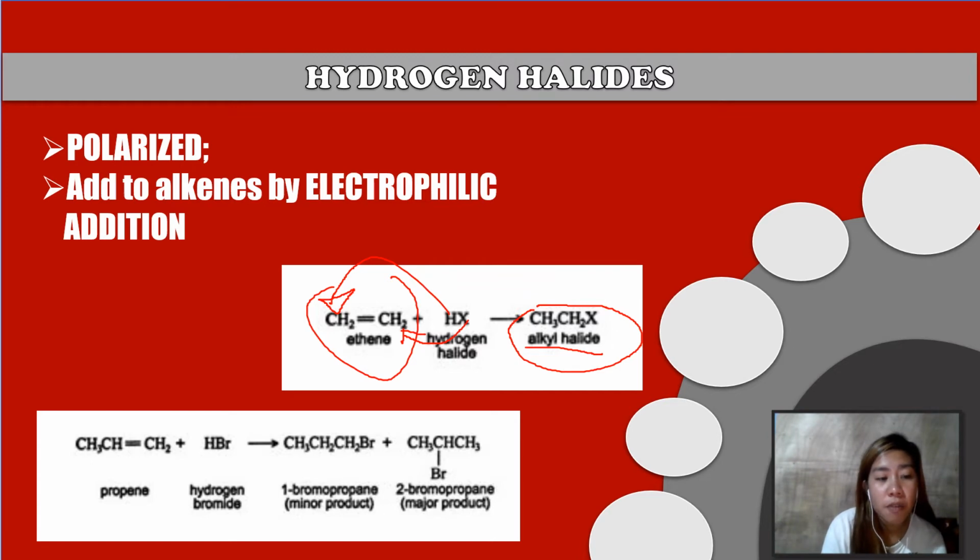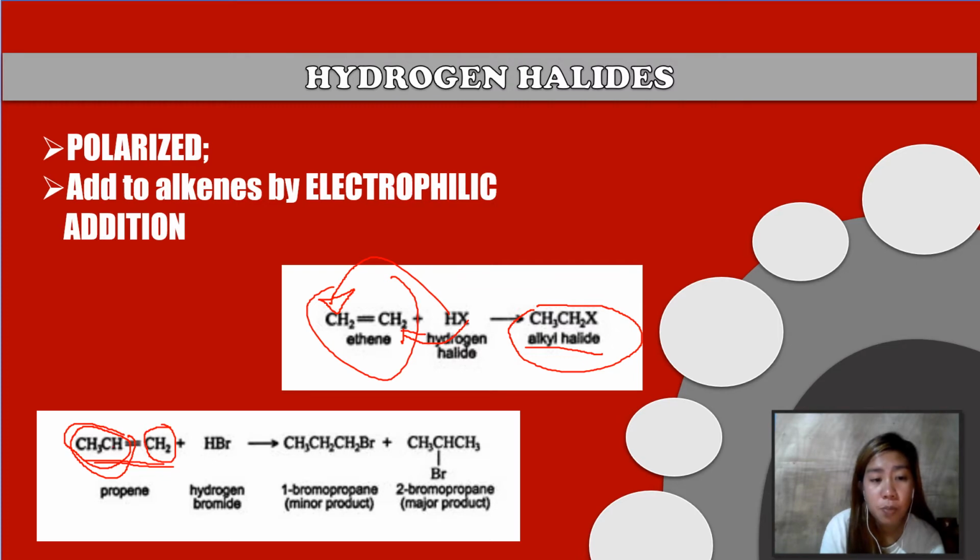The addition of hydrogen halides to asymmetrically substituted alkenes leads to two products. This is shown in the second picture, which tells us how propene and hydrogen bromide react with each other. As we can see, this is an asymmetrical alkene because on one side we have two carbons, while on the other side we have one carbon only.